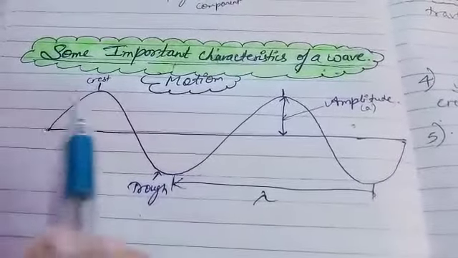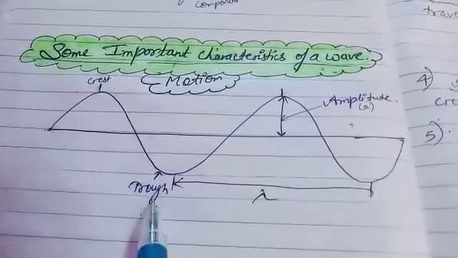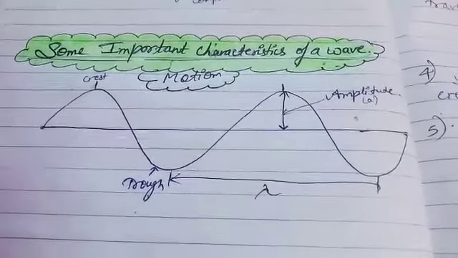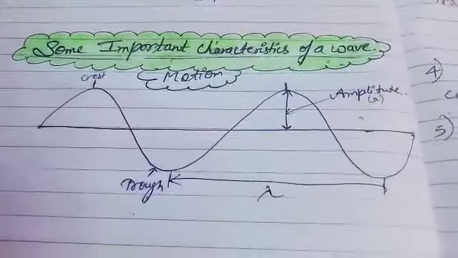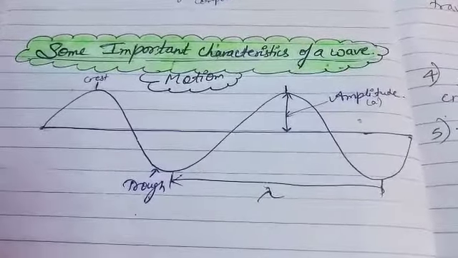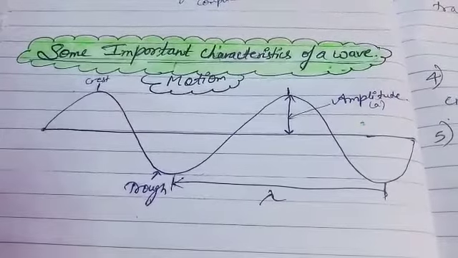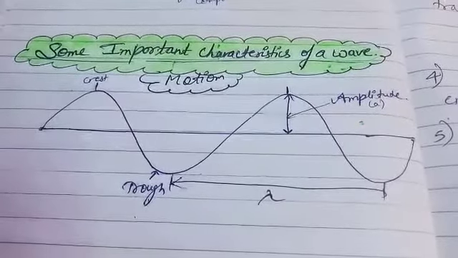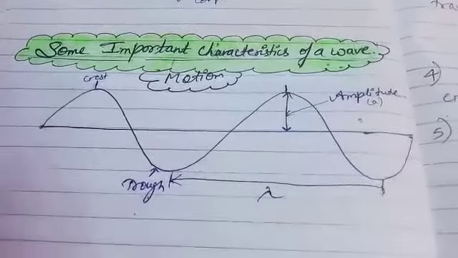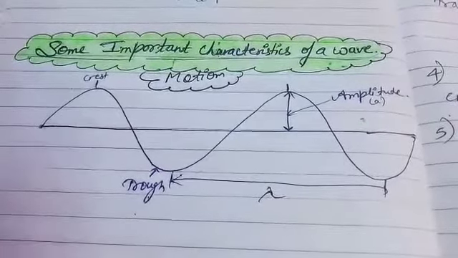Simple, upward is crest, downward is trough. So a wave may be considered as disturbances which originate from some vibrating source and travel outward as a continuous sequence of alternating crests and troughs. That one is known as wave, or a wave motion.